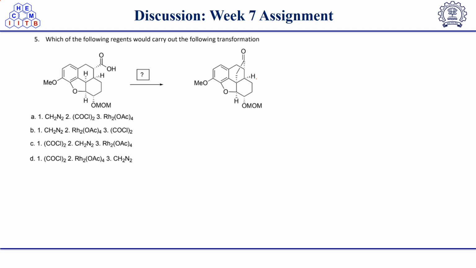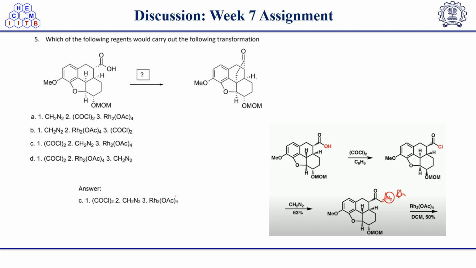So here the correct sequence of reaction is first treating this compound with oxalyl chloride, then with diazomethane, and then with dirhodium tetraacetate. When we first treat this compound with oxalyl chloride, obviously the carboxylic acid will get activated and converted into the corresponding acid chloride, so we will get this compound as a major product.